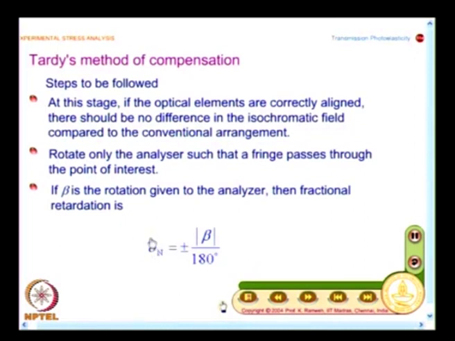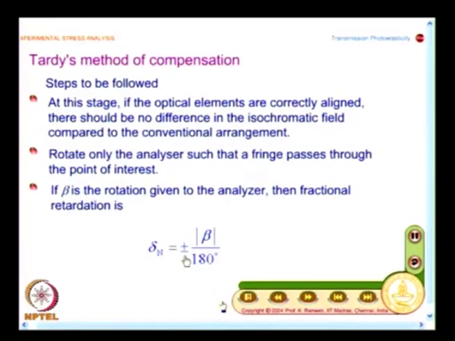When I write it as simply delta, it is in radians. If I write it delta suffix n, it is in fringe orders, and this is given as beta by 180 degrees, and the sign has to be fixed based on heuristic information.